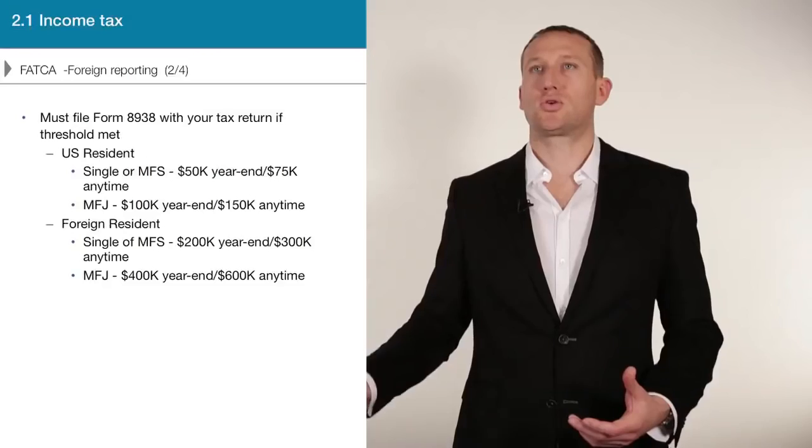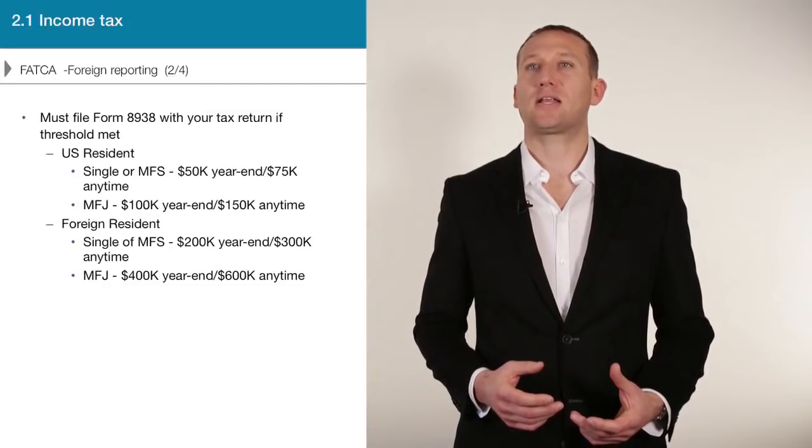If you're married and you file a joint return and reside in the United States, then those numbers are doubled. Those thresholds increase to $100,000 at year end or $150,000 at any time during the year that would trigger the necessity to file the FATCA forms.